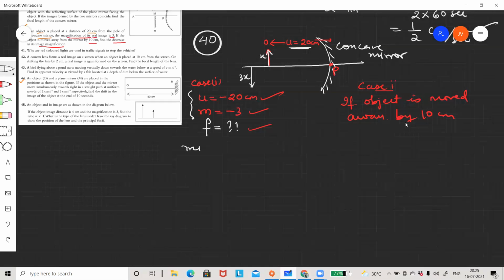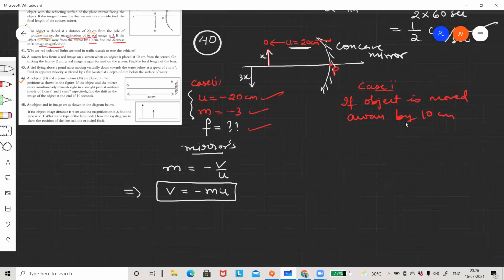Okay, for mirrors, you see, magnification is minus v by u. So from here, we can get image distance as minus mu. Okay, so keep this in mind.